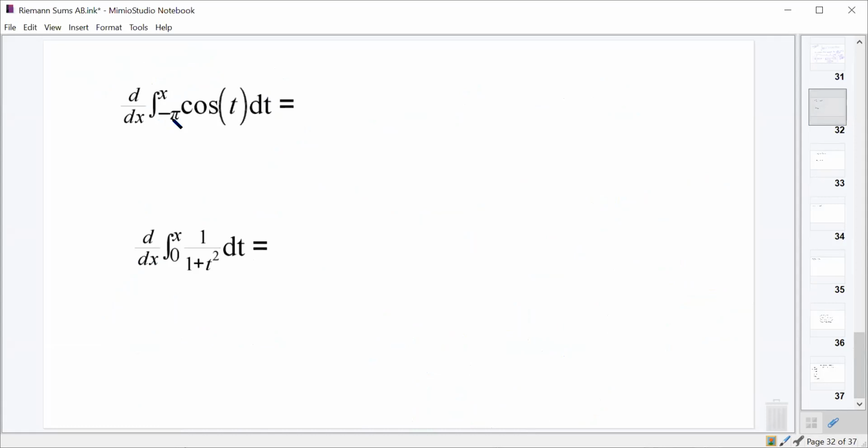And so based on what we've just talked about, what is the derivative of the integral from a constant to x of some function? The function. It's just the function in terms of this new variable up there. It's just equal to cosine x. That's all the fundamental theorem of calculus is saying.